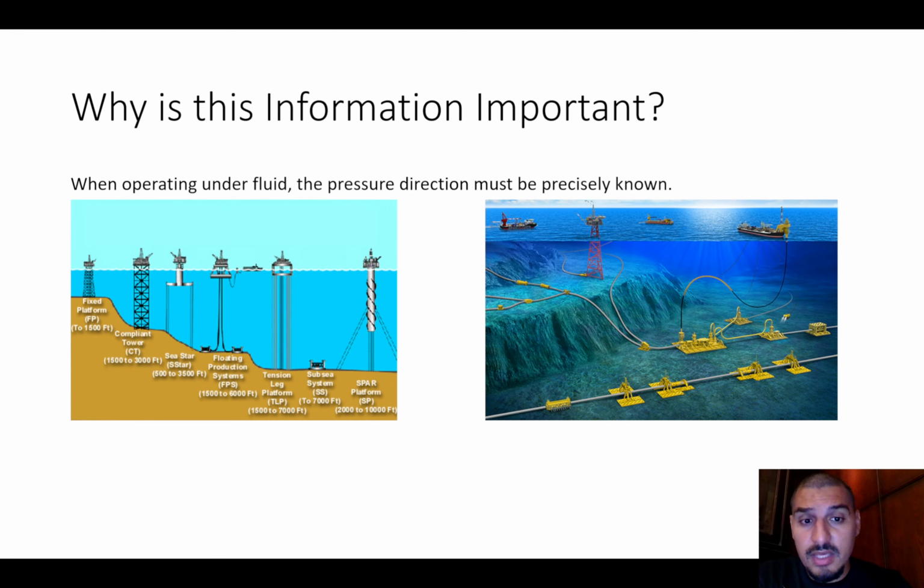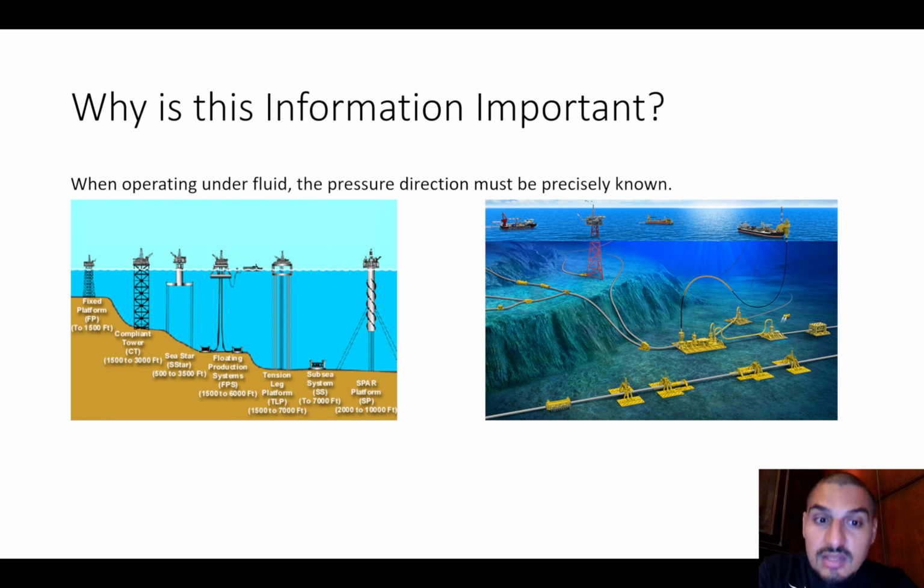Besides, for another example, the pipelines or the cables that are used to connect the internet from one continent to another are buried at very, very deep distances in the oceans. So they have to be designed to withstand the forces acting on them, and these forces are based on the pressure, and on whether the pressure has a direction or not.